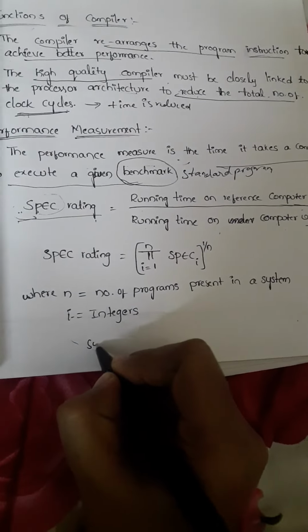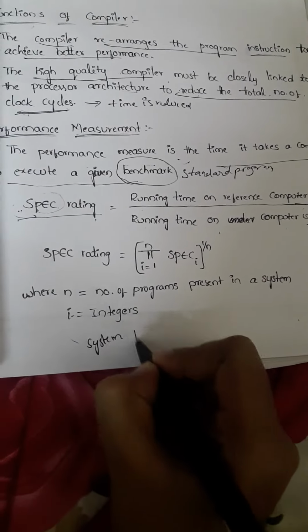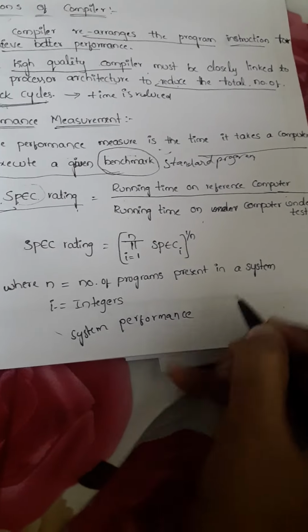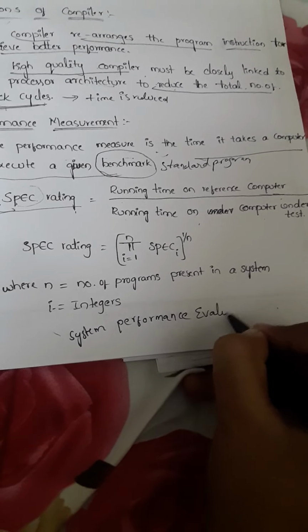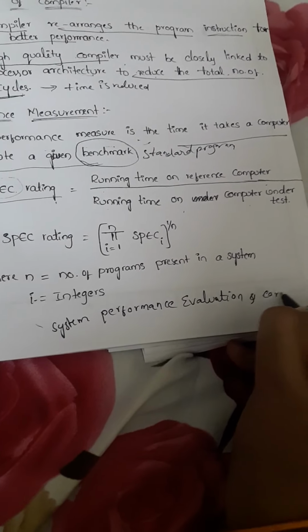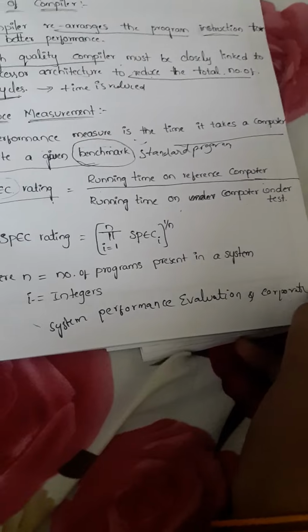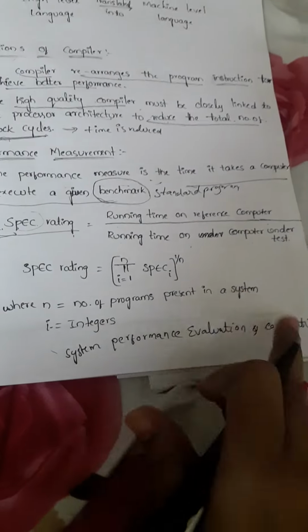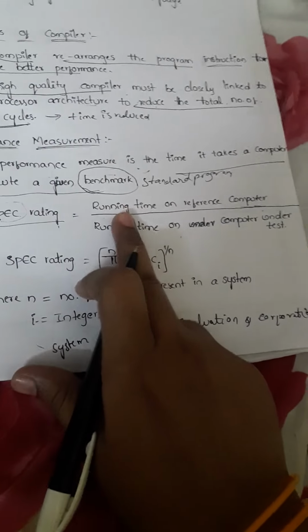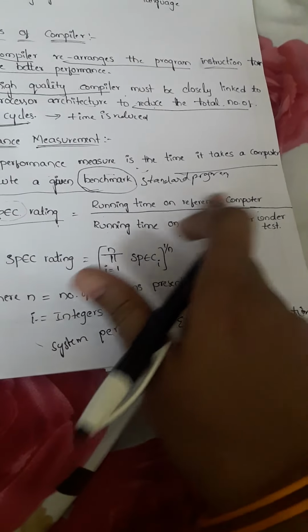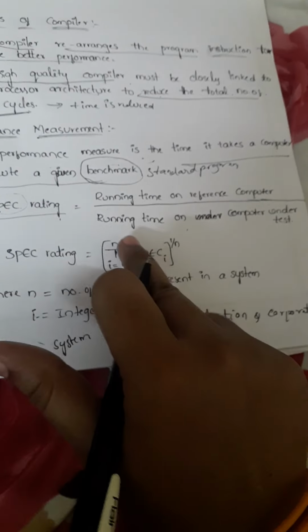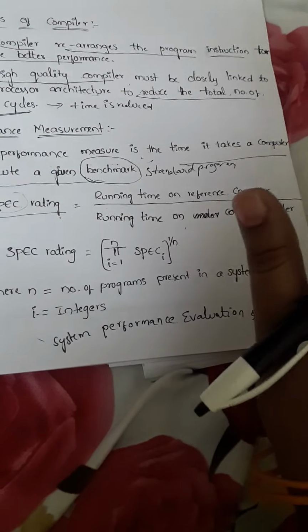I will write it here: System Performance Evaluation Corporation. That is called the SPEC. Okay, what is meant by SPEC means the ratio between running time on reference computer to the running time on computer under test.